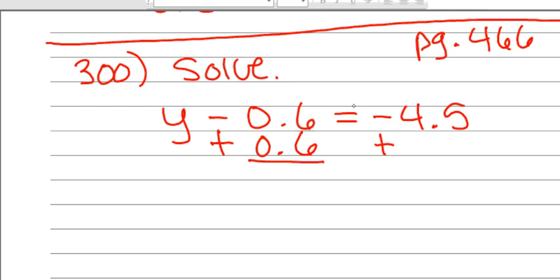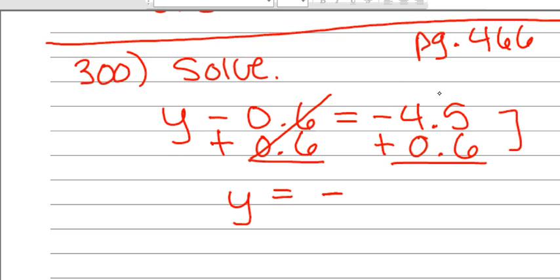And what I do to one side, I'm going to do to the other. So these cancel out. Bring the y down. Now I've got a negative and a positive. Who's got more? The negative does. So I know my answer is going to be negative. And when I'm adding and subtracting, remember I always subtract.